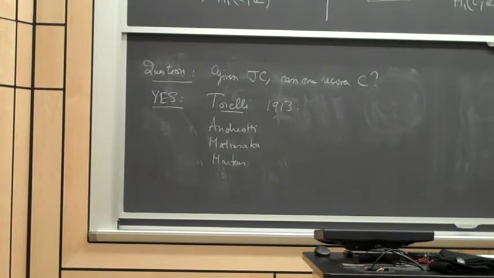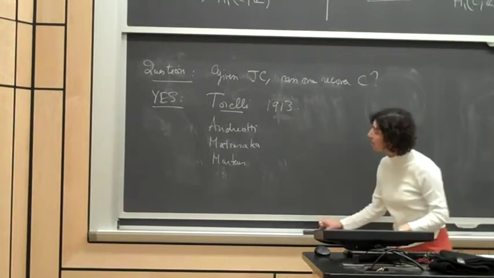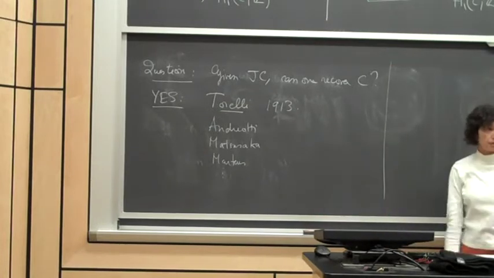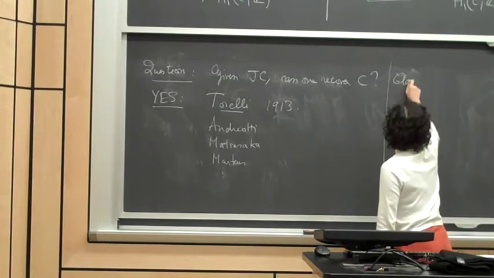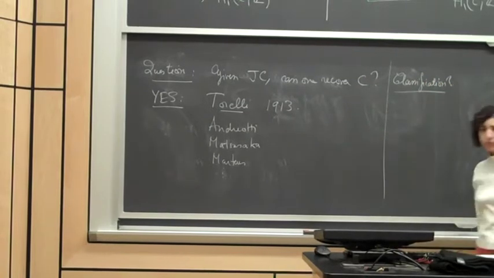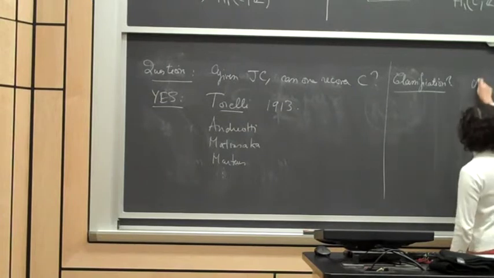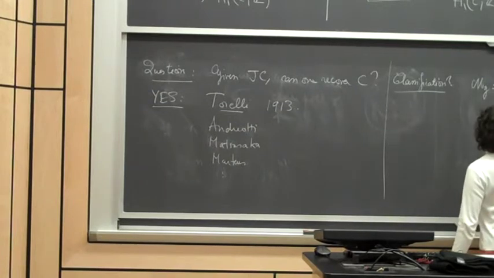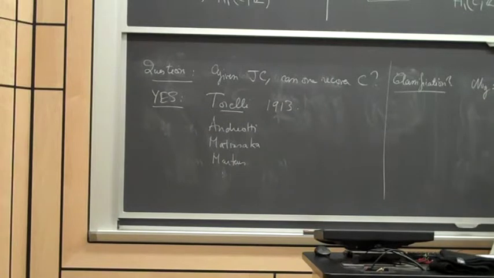And as I said, from the point of view of classification, this is very nice. Why is that? Let's say you want to classify the curves. What you can do is put all the curves into one big algebraic variety, which is called the moduli space of curves of genus g.